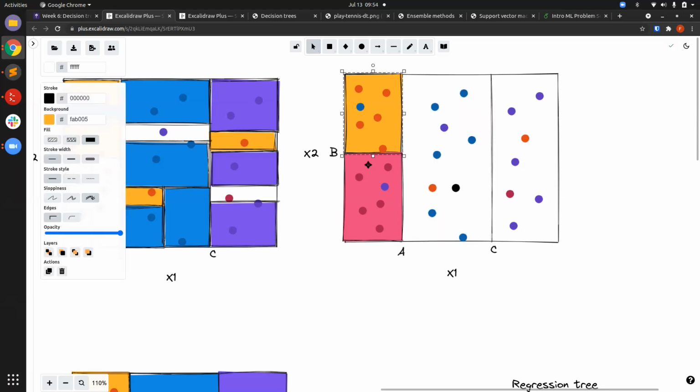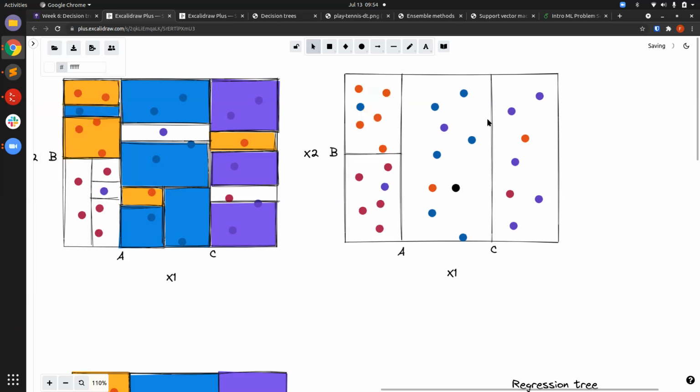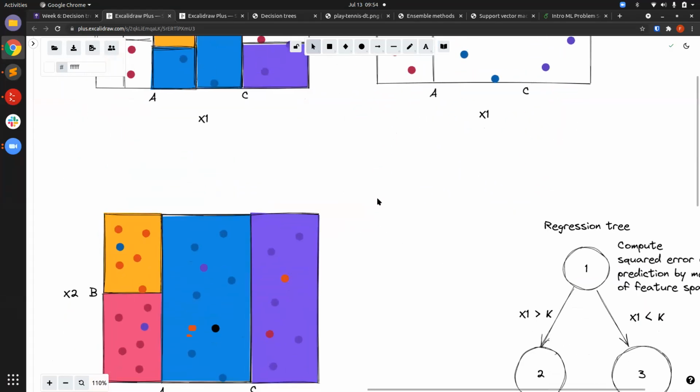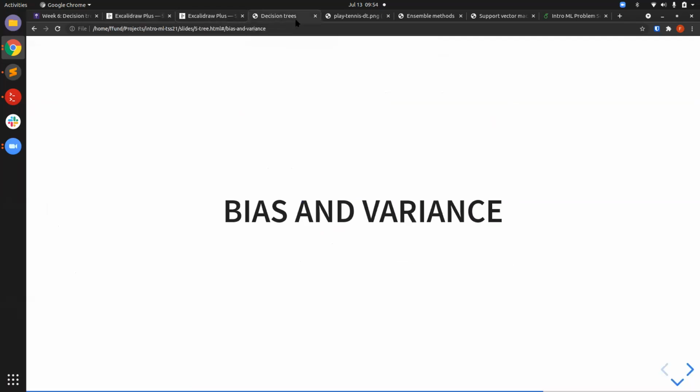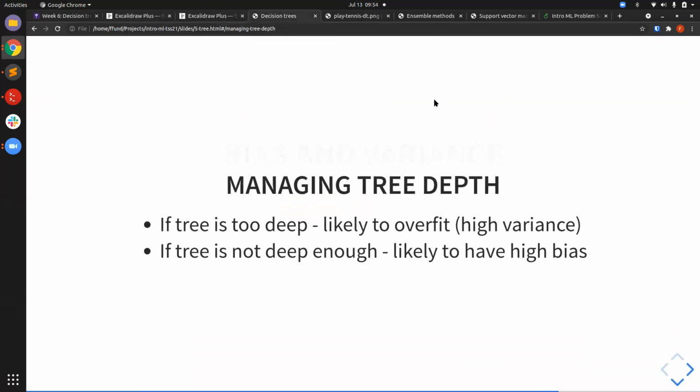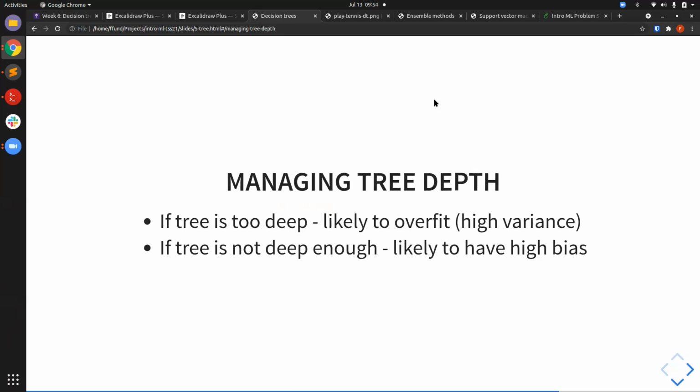If you only allow one split, let's say this entire split, then you end up increasing the bias of your estimate because you have some systematic difference between the true function and the estimate of your decision tree. So you can see that the depth of the tree controls this bias-variance trade-off. If your tree is too deep, it's going to overfit to the training data and have high variance. If it's not deep enough, it's going to have high bias.